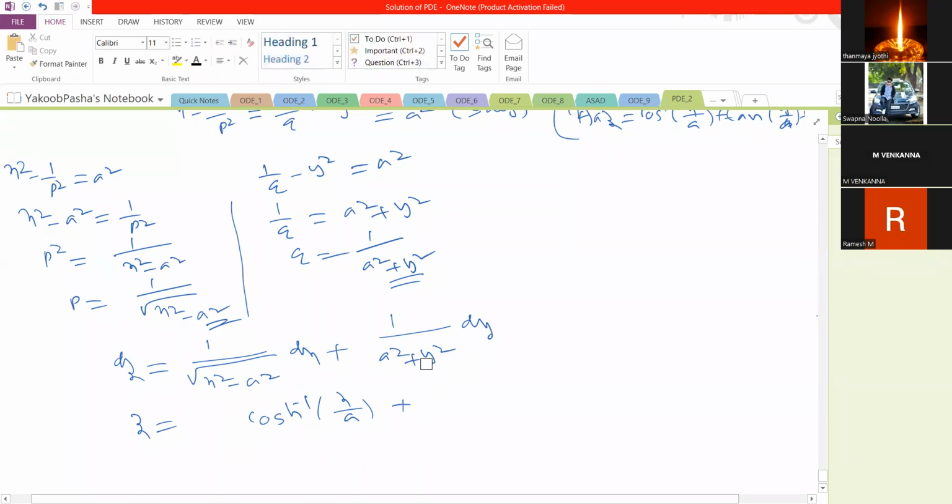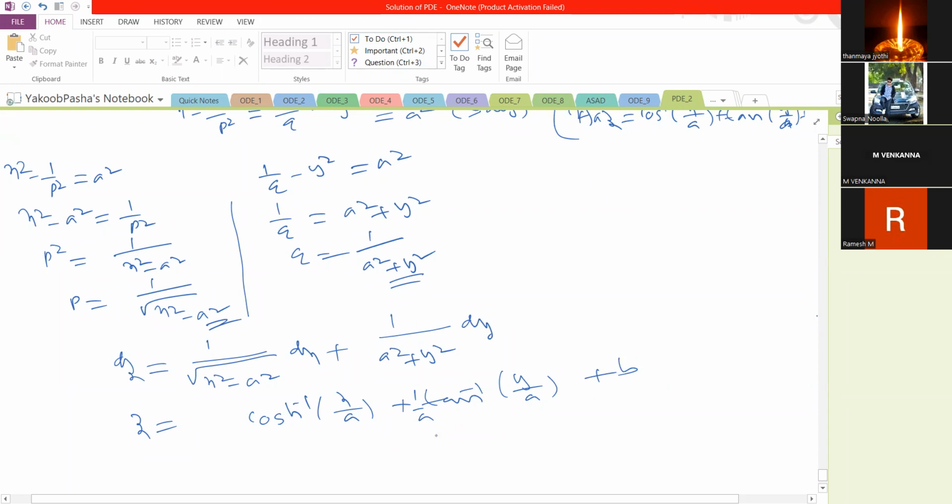This formula is tan inverse, tan h inverse. Here there is 1 by a. Here there is 1 by a? 1 by a tan inverse y by a. Tan inverse, or h inverse? Tan inverse. Okay, plus arbitrary constant b.